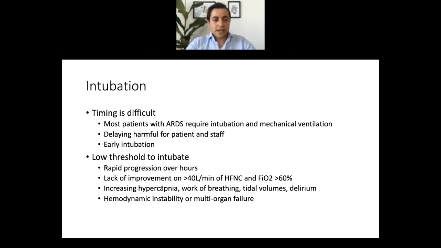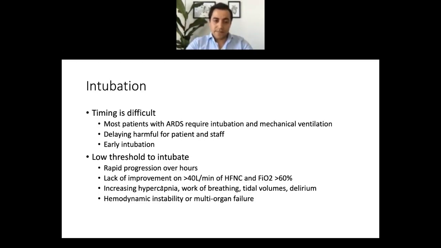So you should have a rapid threshold to intubate the patient if the disease is rapidly progressing over hours, and if you have tried high flow nasal cannula without any success, and the FiO2 is about 60% with 40 liters per minute.